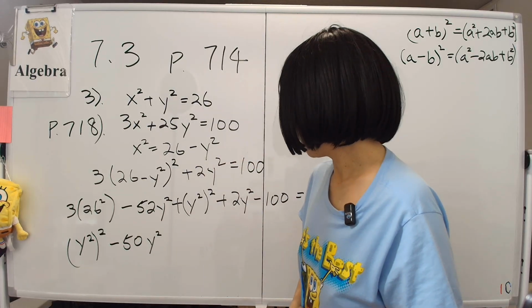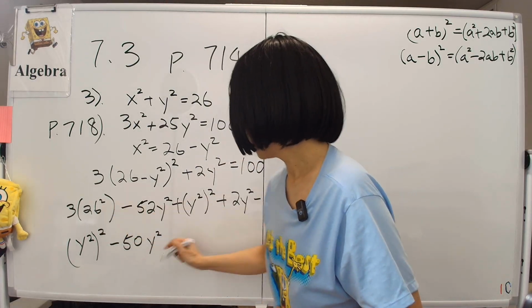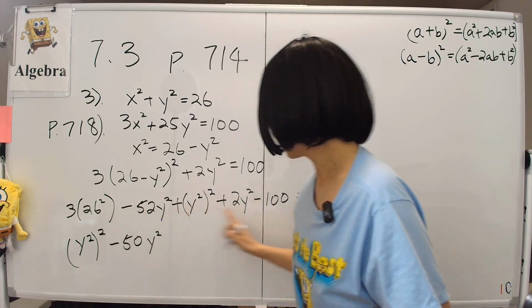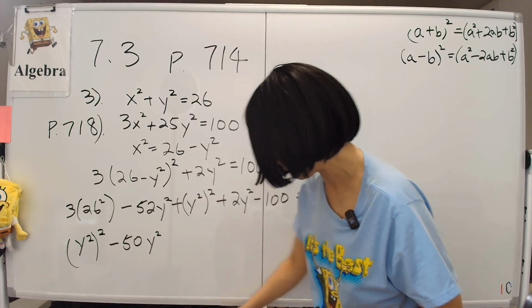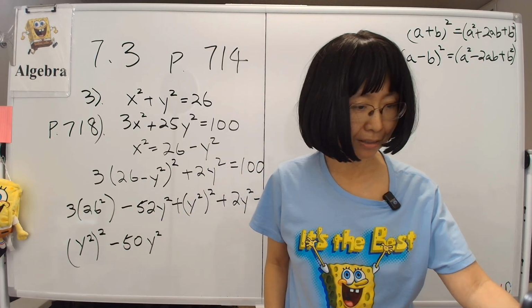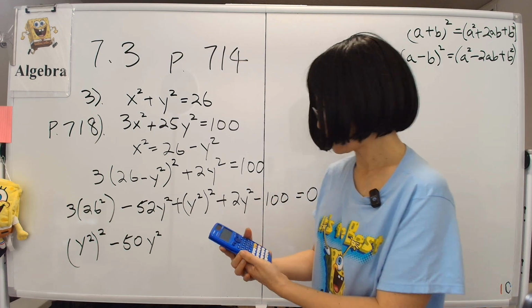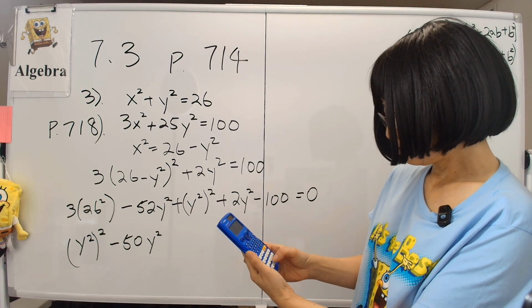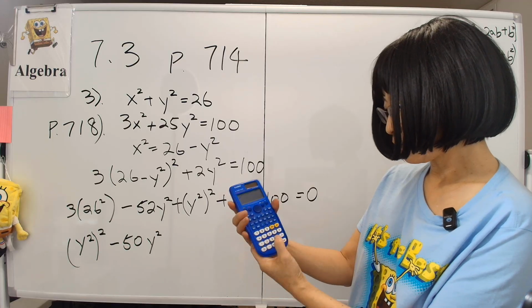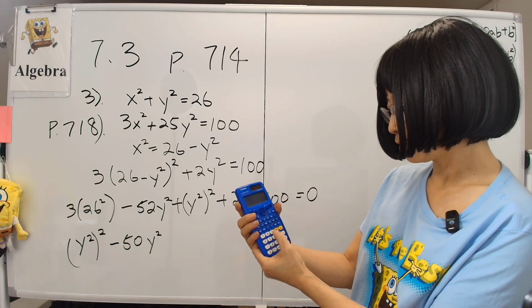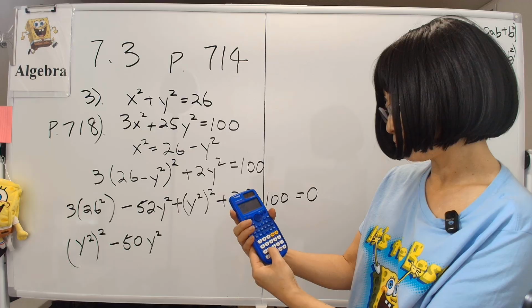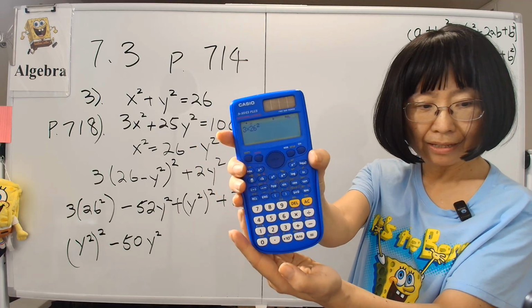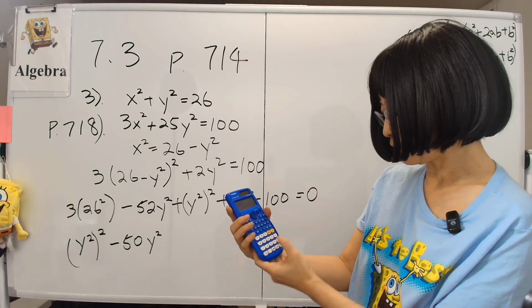And then finally, we have this constant: 3 times 26 squared minus 100. Let's calculate that on the calculator. I'll type in 3 times 26 raised to the power 2, and then minus 100.